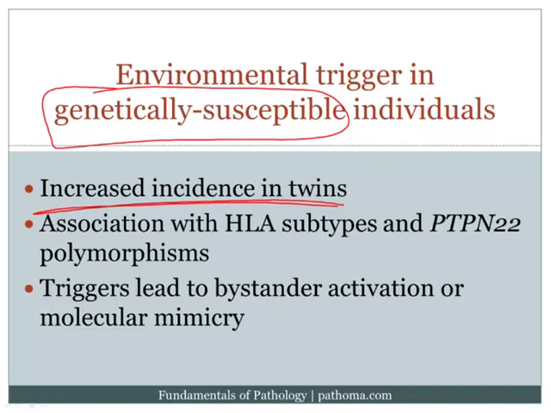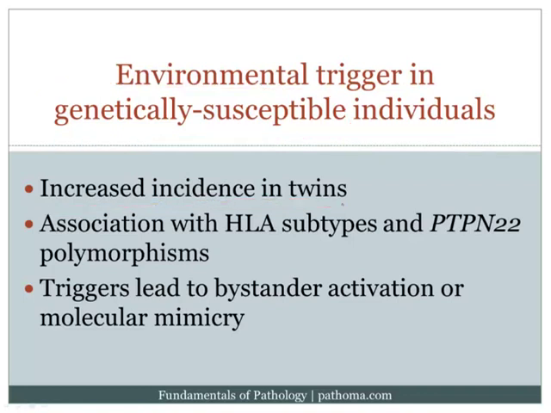When you study the genes that may be responsible, the strongest association is with HLA subtypes. Now, HLA are the genes that code for MHC, and so it makes sense because most autoimmune disorders are against protein, and so you would think that the HLA subtypes would be important.